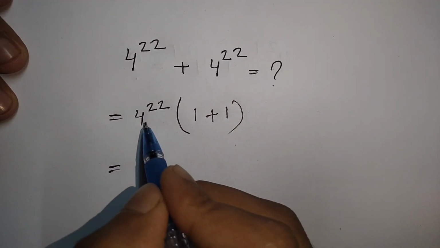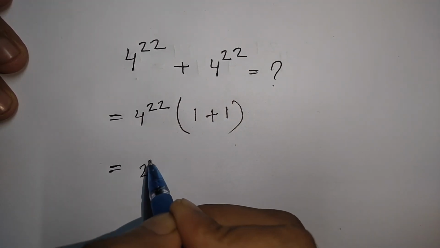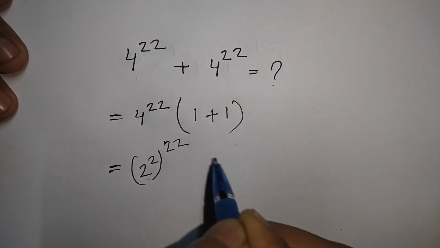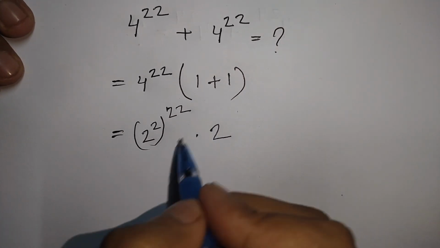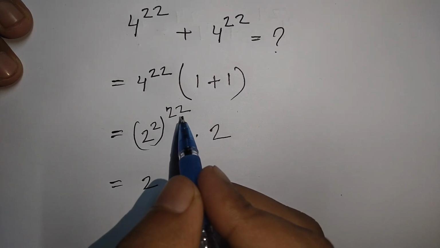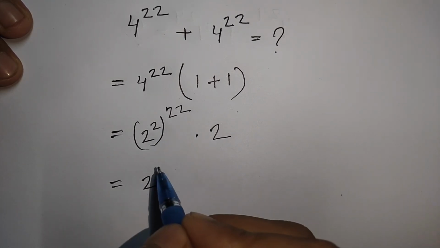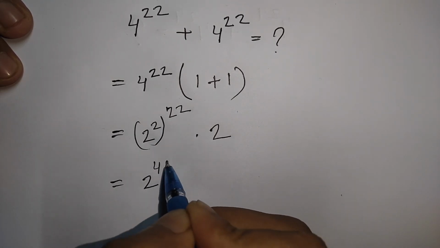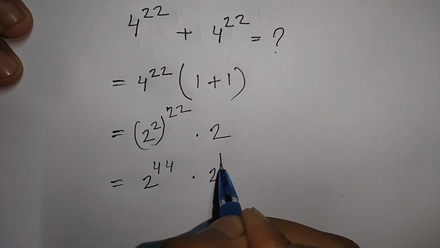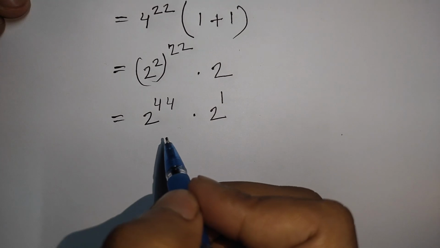Now 4 to the power 22 is the same as 2 to the power 2 bracket 22 times 1 plus 1, that means 2. Now 2 to the power 2 times 22, that means 44, times 2 is the same as 2 to the power 1.